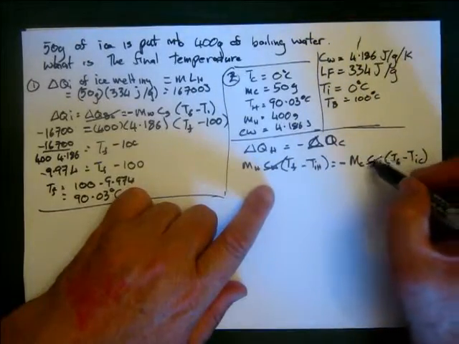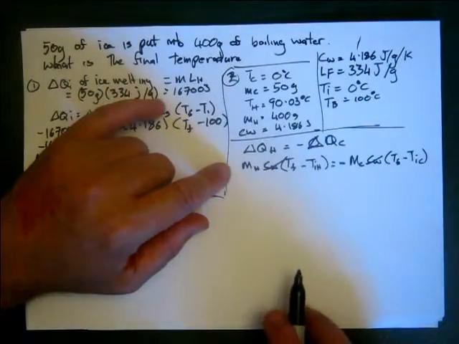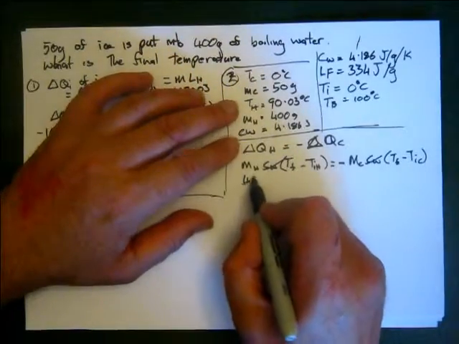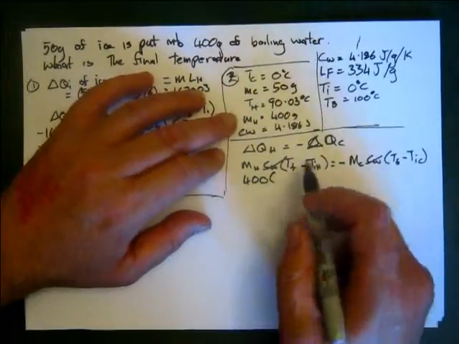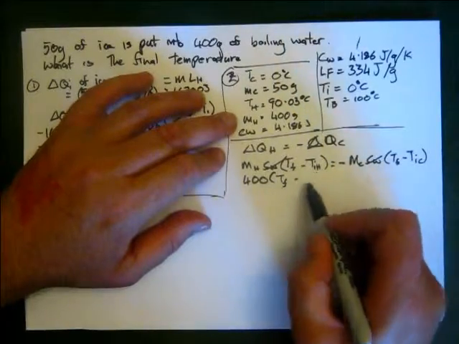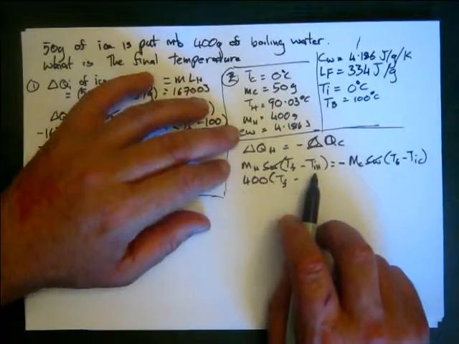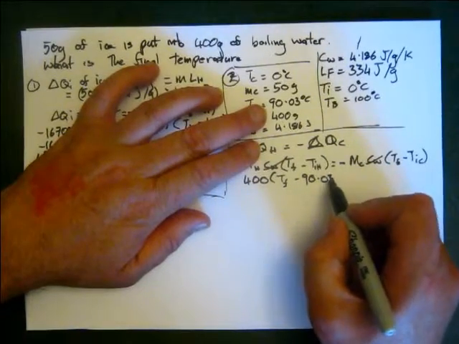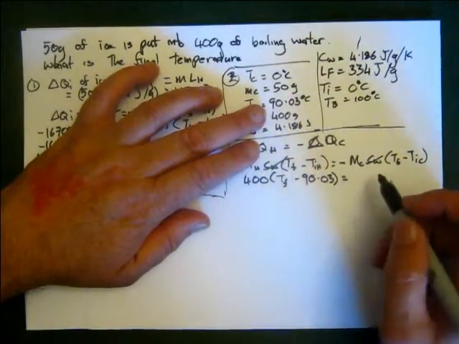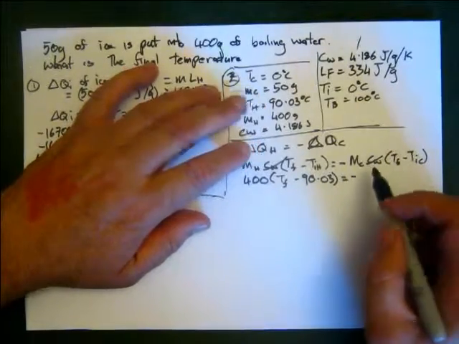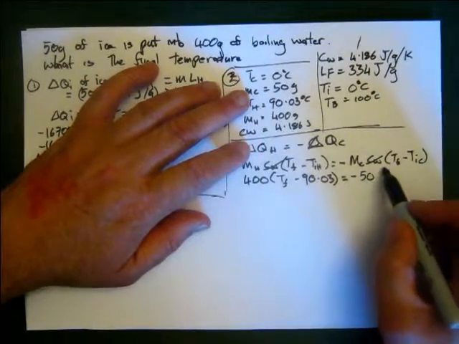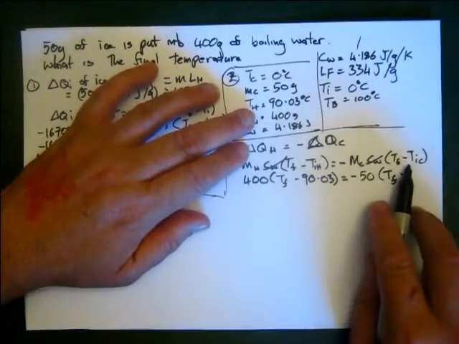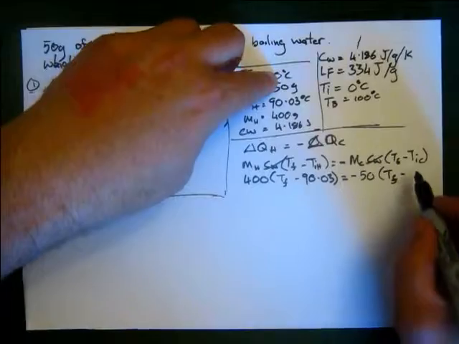Get rid of those. Stick in what we know. So mass hot is 400 times temperature T final minus T initial for hot, which is 90.03, equals negative 50 times temperature final minus T initial cold, which is 0.